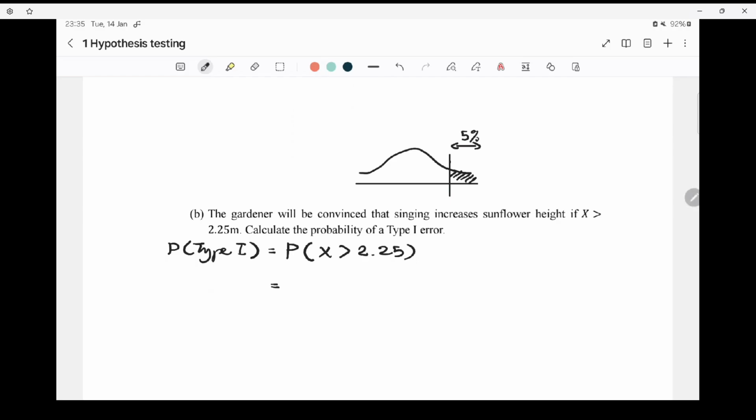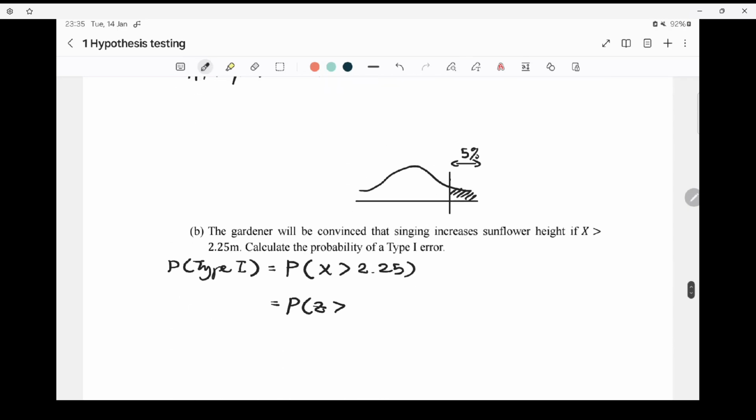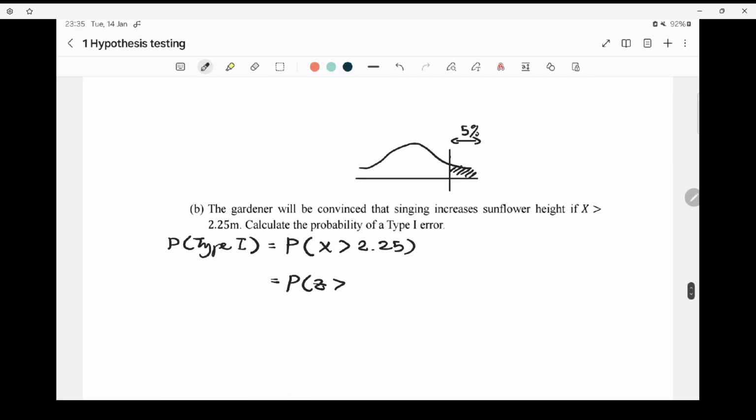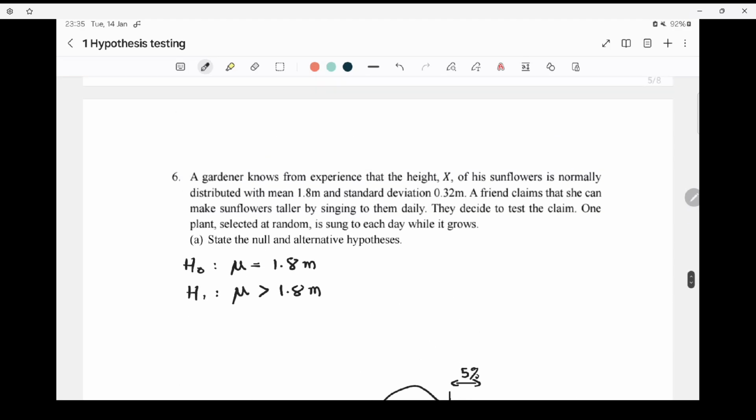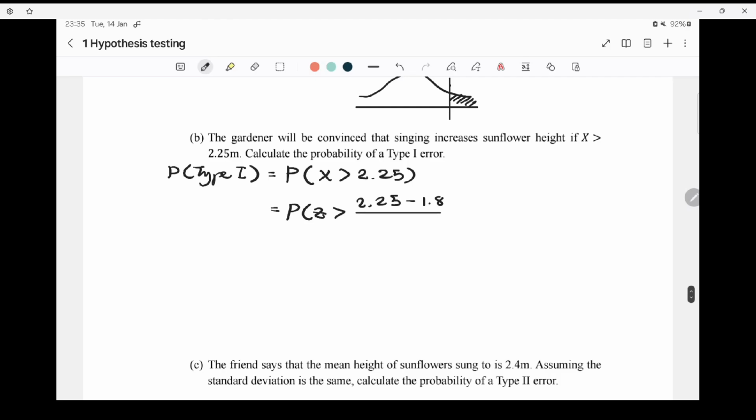So convert this into the z-score. Because there's no approximation, you can just safely convert it. The mean is 1.8, standard deviation is mentioned to be 0.32.